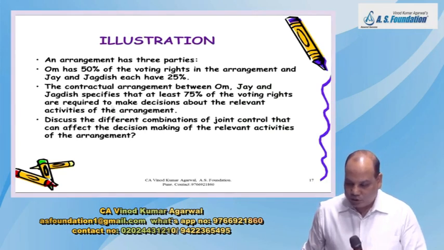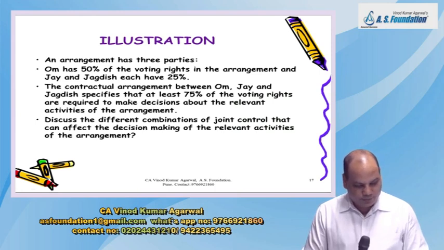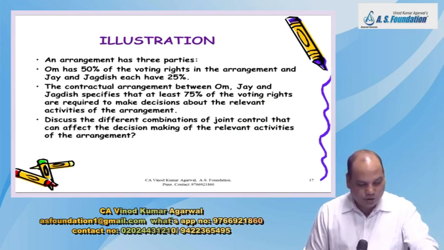So now you see on this line there is a question at the end. Go to question number 3. It is there only. Question number 3. An arrangement has 3 parties. The same point is explained with the help of numbers.